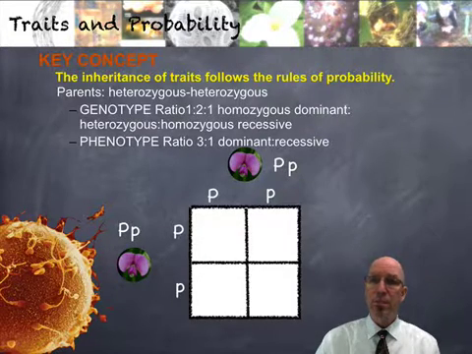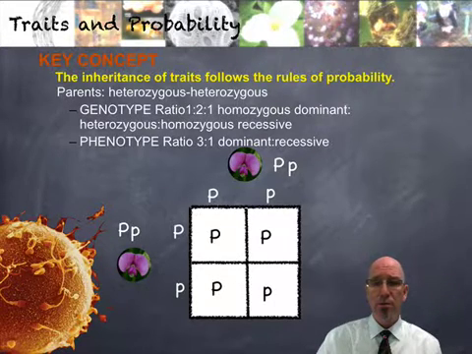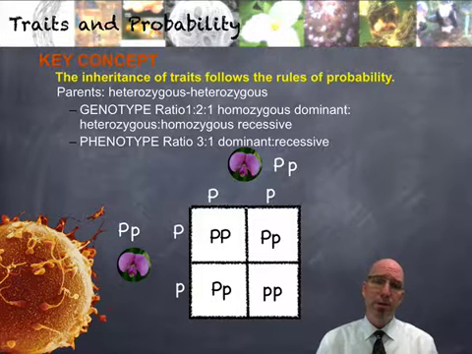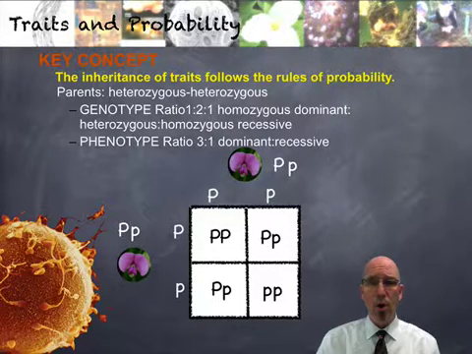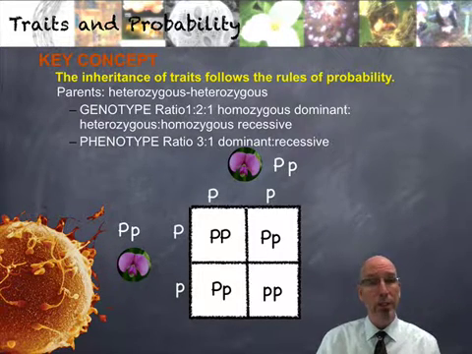That's the process of meiosis. We segregated those genes, and we wind up with a different ratio. One that's homozygous dominant, big P, 2 that are heterozygous, big P, little p, and one that's homozygous recessive. So the ratio of genotypes is 1 to 2 to 1.